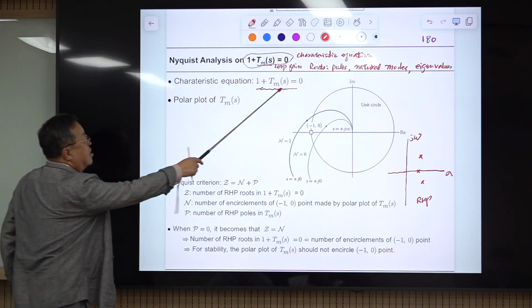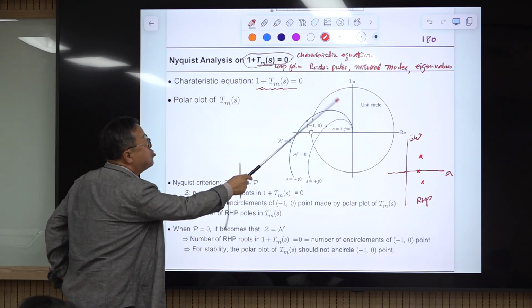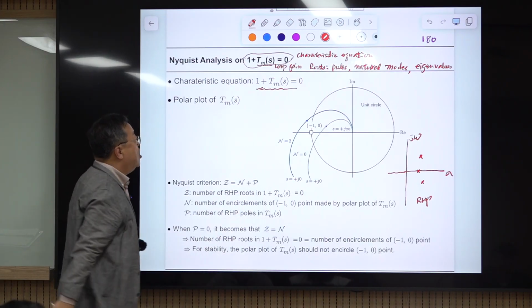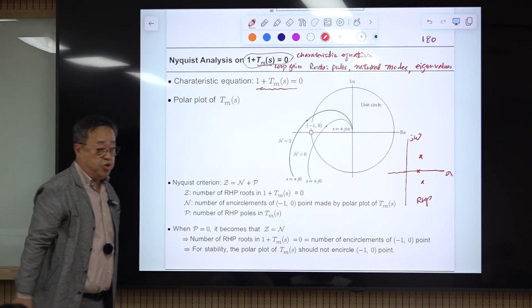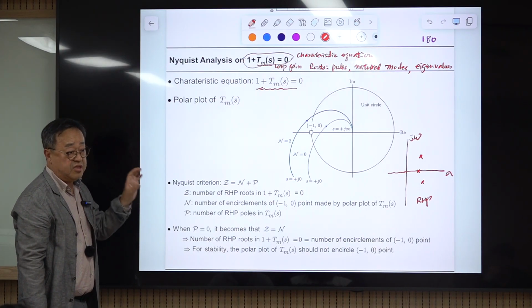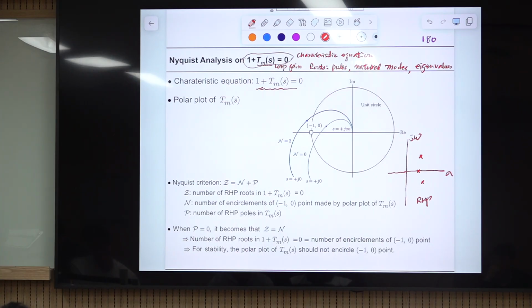To evaluate the presence of an RHP root in this equation, we are just using TMS, the polar plot of TMS. That is the Nyquist criterion. So the essence of the Nyquist criterion is something like this.